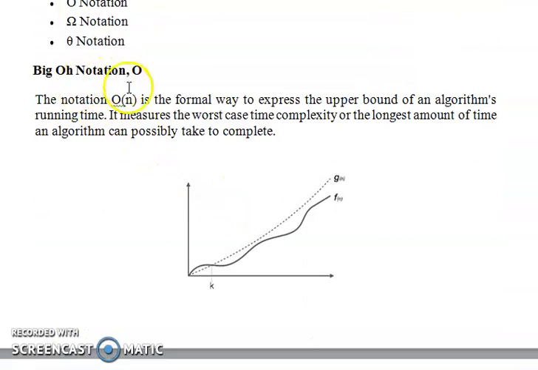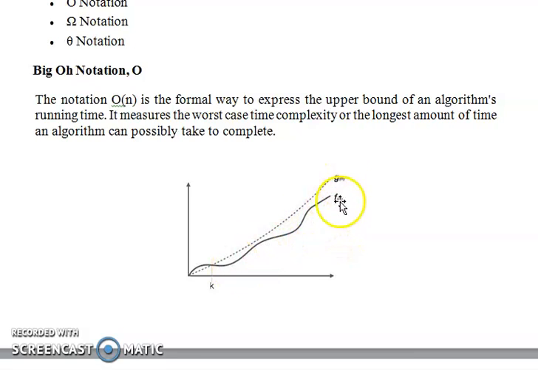In the big O notation, we express the upper bound of an algorithm such that, here it is g(n), such that f(x) falls under this g(x) for certain values of n. Notice that here we have a k, and after that k, for every value of n, f(x) will be less than g(x).